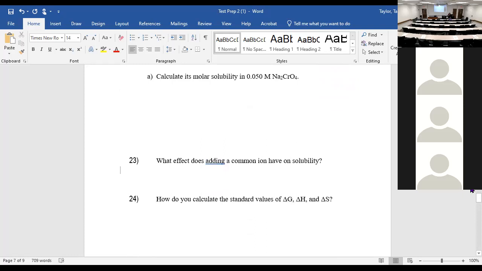Wouldn't it be more soluble? No, it would be less. A good way to think about that is if you had really sweet tea and then you try to add more sugar to it. Are you going to be able to put a lot more sugar into it, or is it going to take a little bit of sugar and then the rest is going to fall out of solution? Okay. Yeah, I see it now. Yeah. So just kind of think of that.